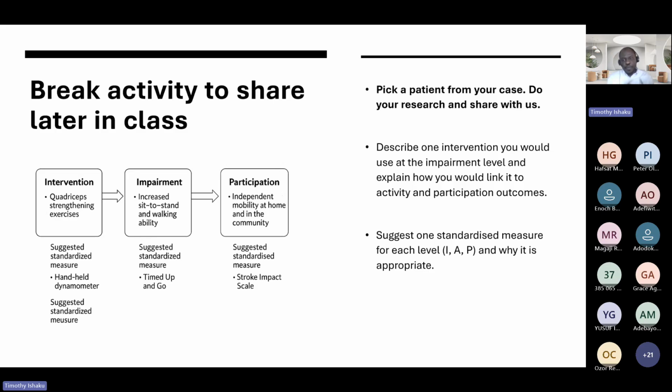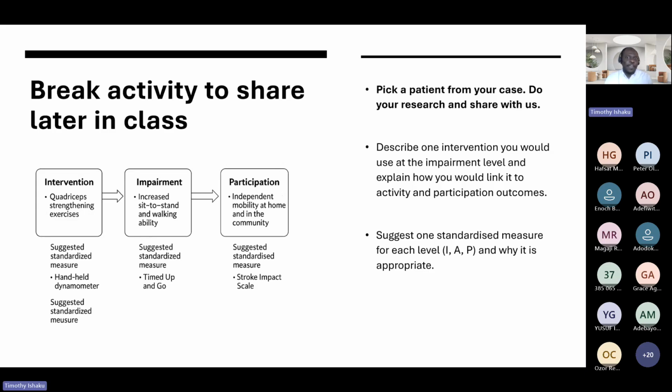We'll talk about this more in the afternoon session, but try to have a go at it. Find outcome measures that will assess patients at the impairment level, at the activity level, and at the participation restriction level.